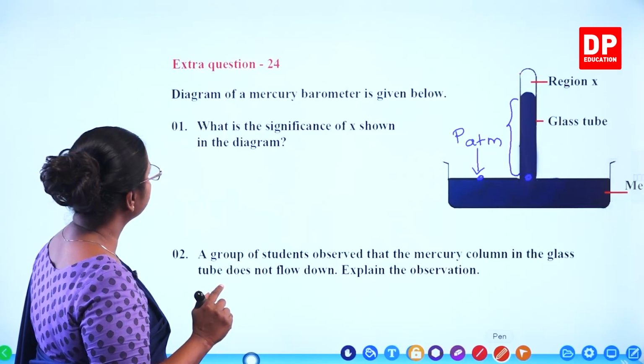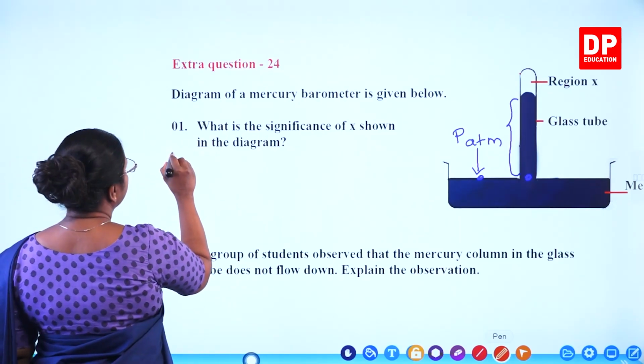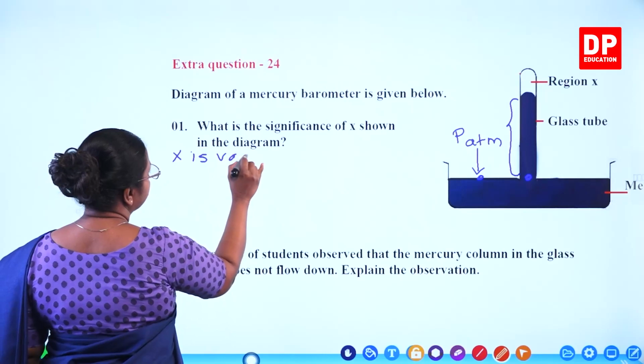What is the significance of X shown in the diagram? X is vacuum.